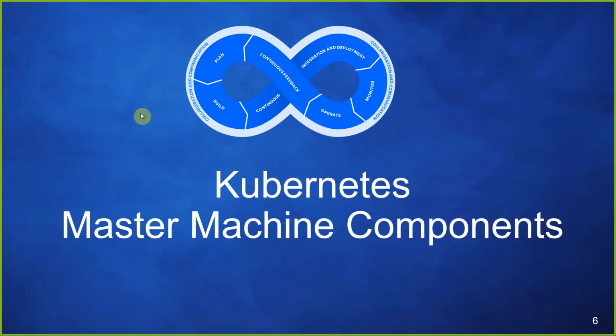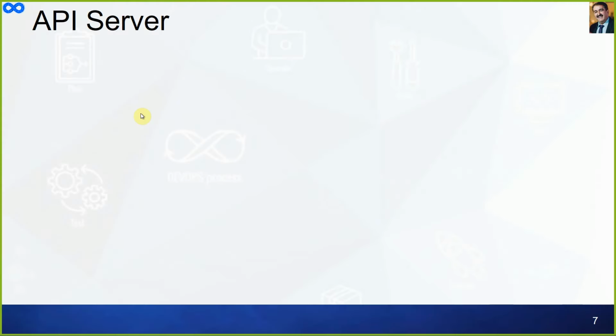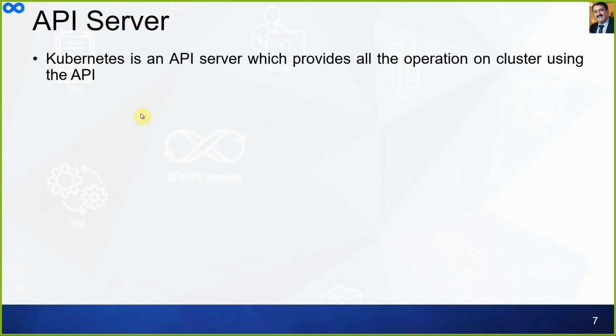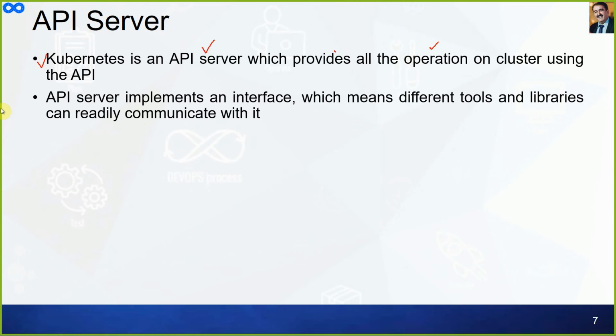So, Kubernetes master machine components. First is the API server. Kubernetes has an API server which provides all the operations on the cluster using the API. The API server implements an interface, which means different tools and libraries can readily communicate with it.